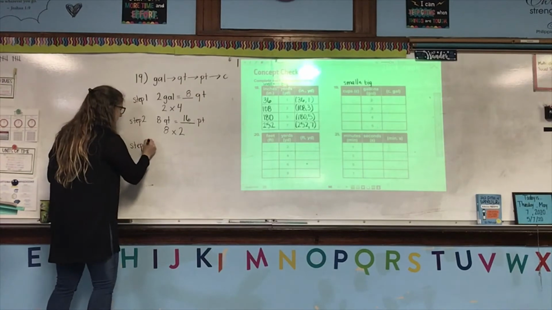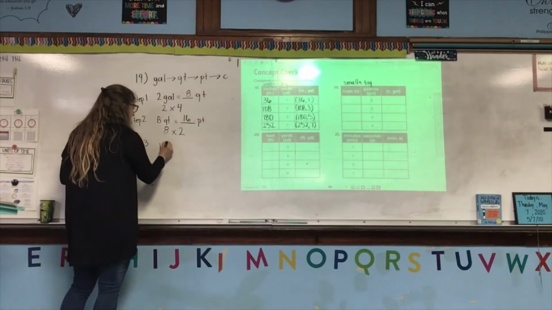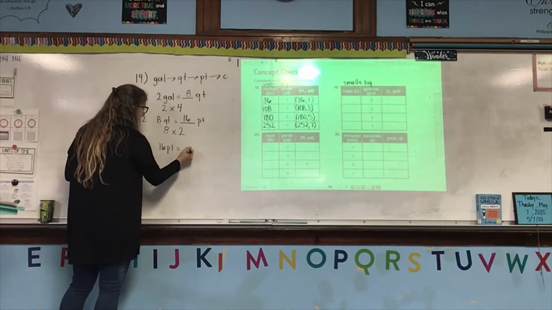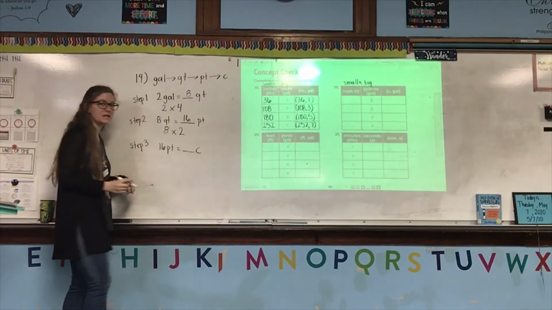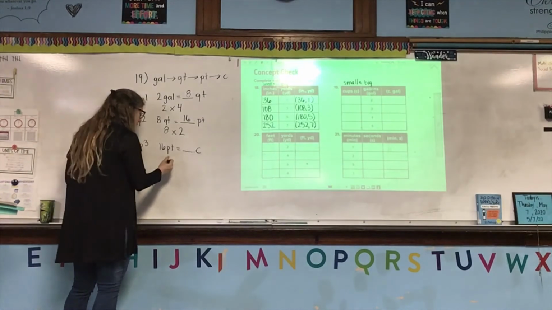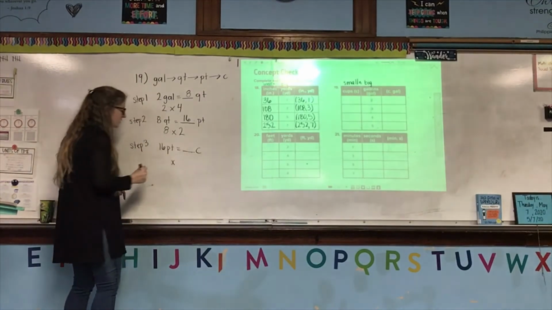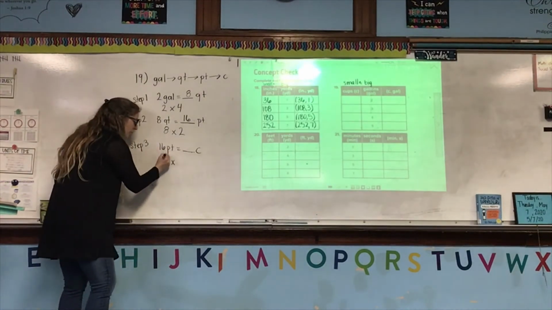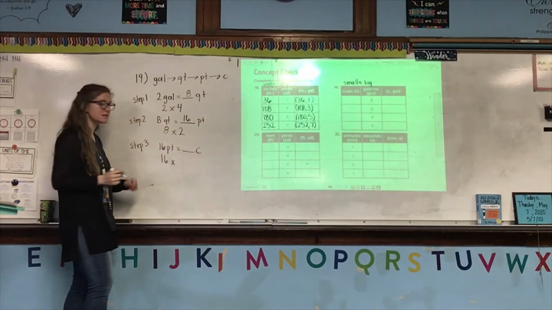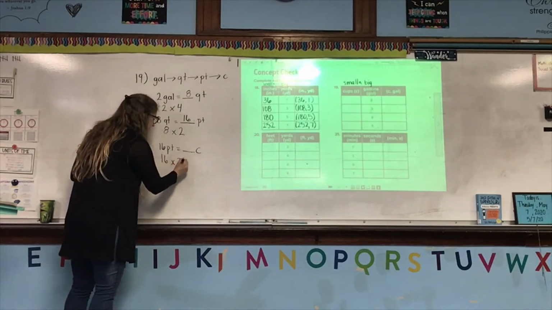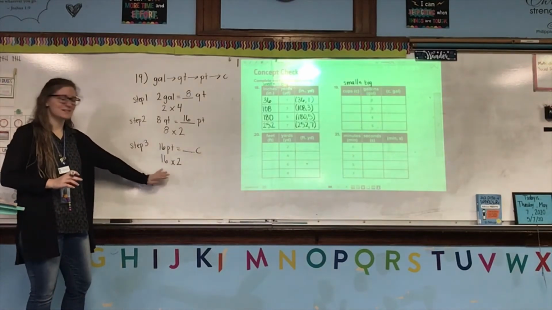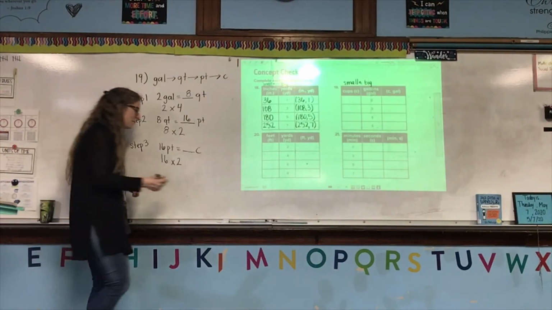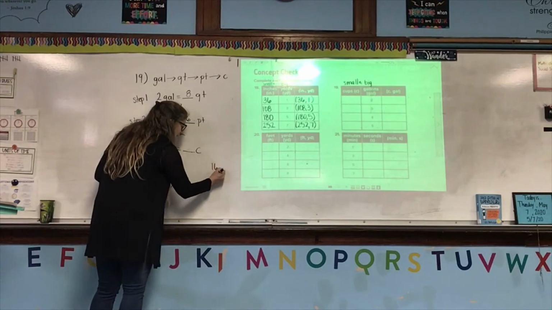Step 3. Now I have to figure out my final answer, which will be how many cups are in 16 pints. I'm going from big to small, so I'm going to multiply. Start with what I know, which is 16 pints. Multiply it by the number of cups in a pint, which is 2. Sorry, I said 16 again. That is not a basic fact, so we need to solve it to the side.